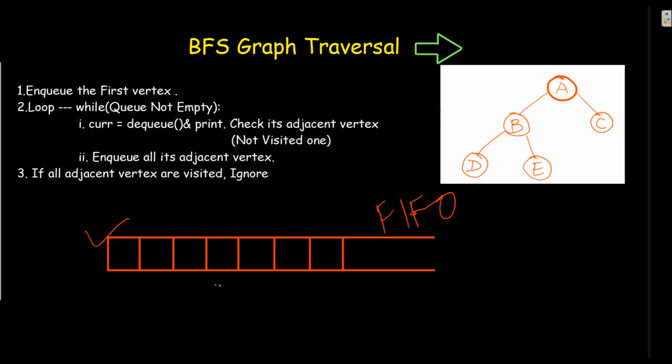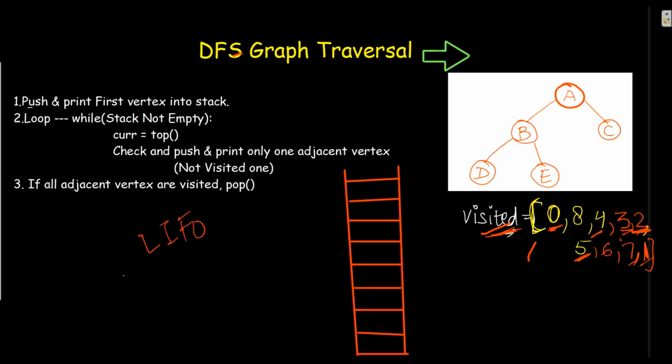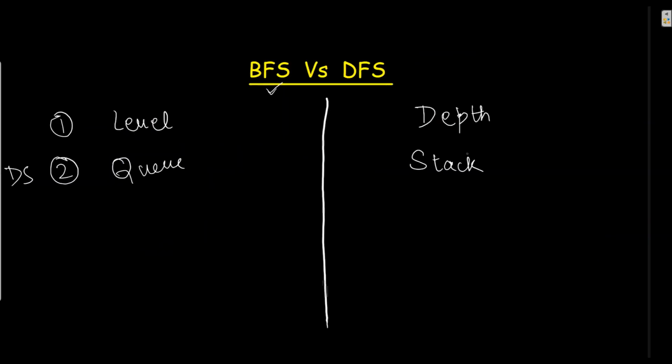Now coming to the algorithm, the data structure for BFS is a queue, right? So here I can write the data structure we are using is queue, whereas for DFS we are using a stack.